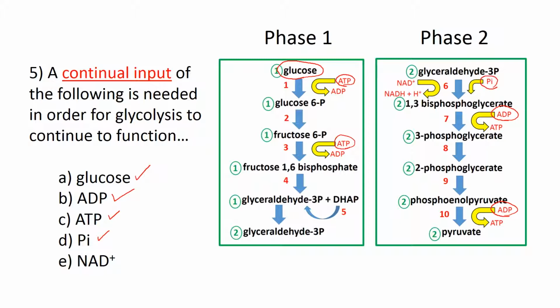And lastly, the oxidized form of NAD, which is called NAD+, must be present in order for glycolysis to continue. And remember, at step number 6, NAD+ is consumed. But it turns out that NAD is absolutely critical and can represent a very limiting factor if not replenished. Usually all the other molecules that are required are present because they're cycled.